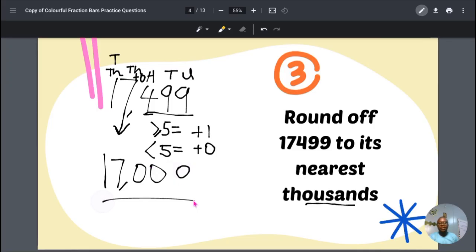So our final answer to the nearest 1,000 is 17,000. You can also check my video about rounding off, approximation and estimation. It will throw more light on this question.